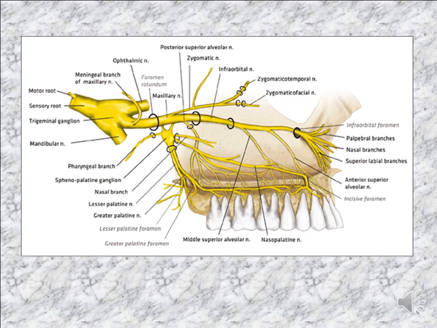The other branch is the lesser palatine nerve that supplies the soft palate.